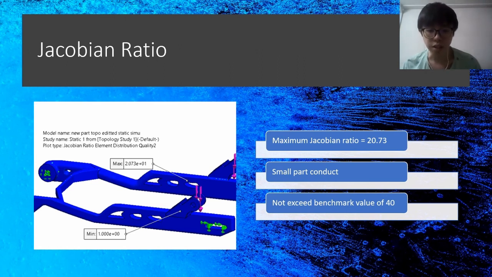For the final design of the swing arm, the maximum Jacobian ratio is 20.73. Because it may consist of only small parts and it did not exceed the band value of 14, so we assume this mesh quality can be accepted.